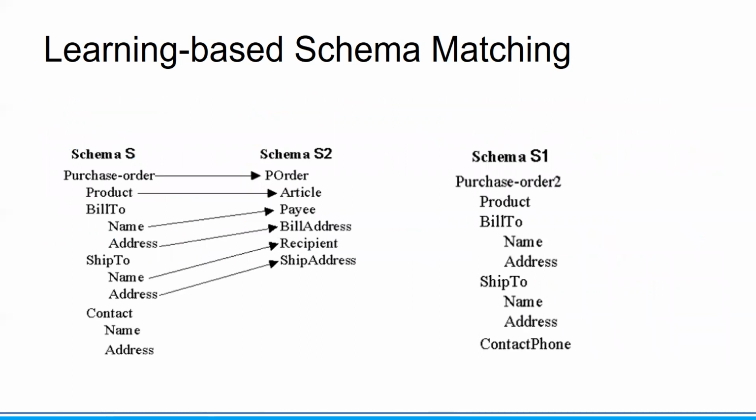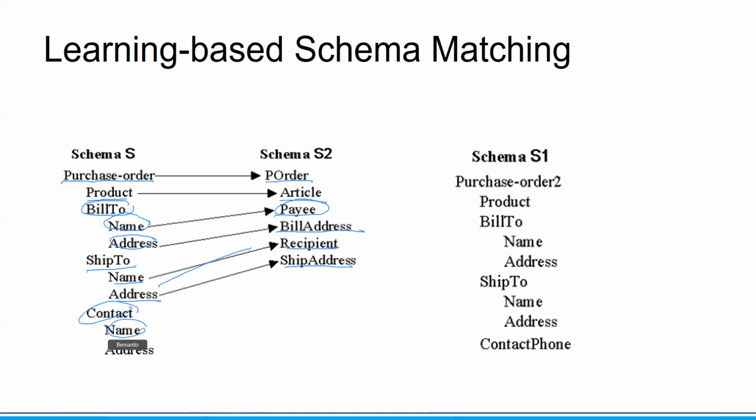For example, this one is the learning-based schema matching. You have the purchase order in schema S1, and in schema S2 you have P order. Then product in schema S1 is mentioned as article in schema S2. In schema S1, we have the bill-to name and address, which is split, but in schema S2 the name is payee and bill address. And schema S1 contains ship-to with name and address, so you can refer to the recipient and ship address.